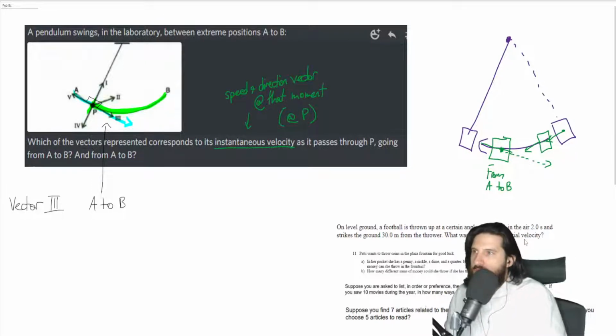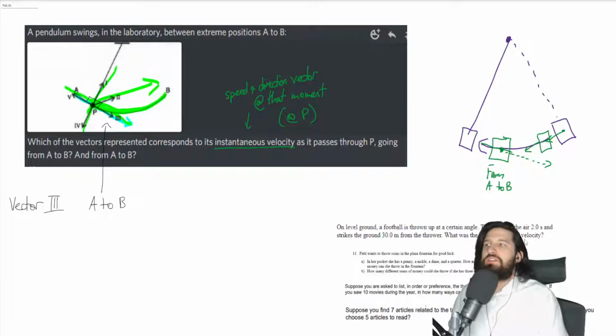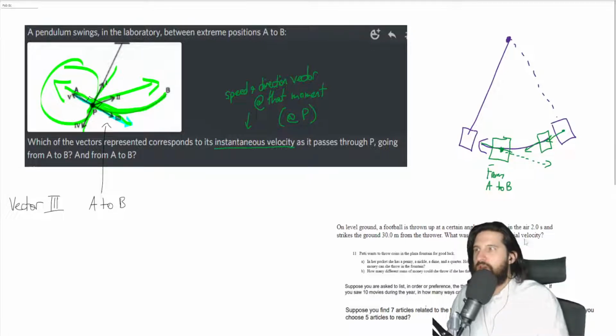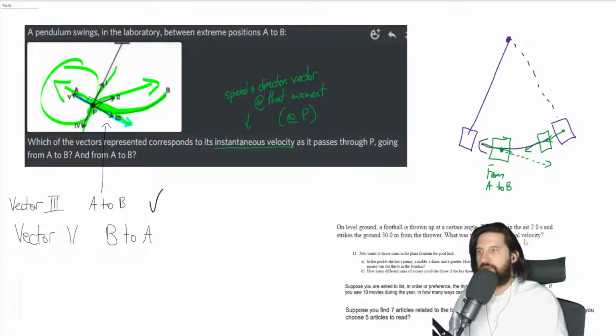If you're the green thing, on your way back, it's not going to bounce up. It's not going to bounce down. It's not going to bounce directly back. It's not going to bounce up and back. It's going to just keep going in that direction, right? So vector 4 is B to A. Yeah, well done. Beautiful.